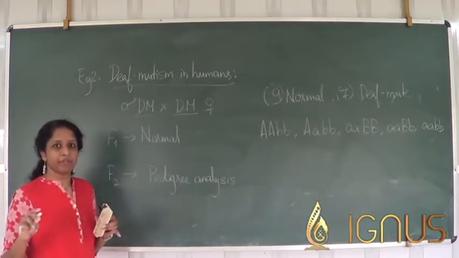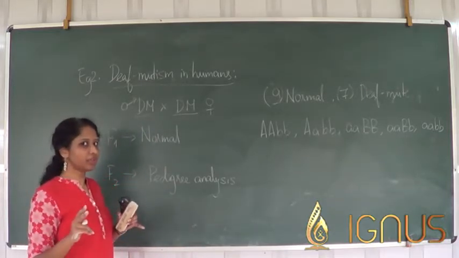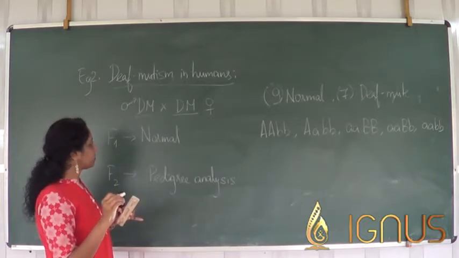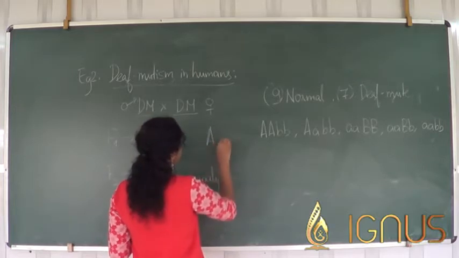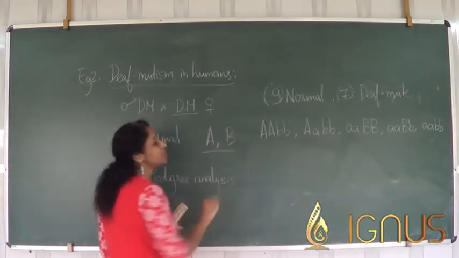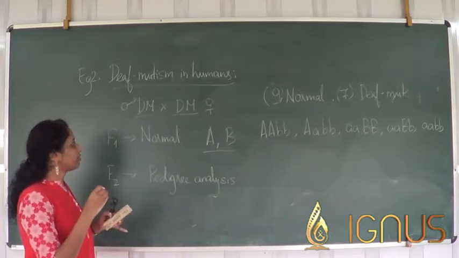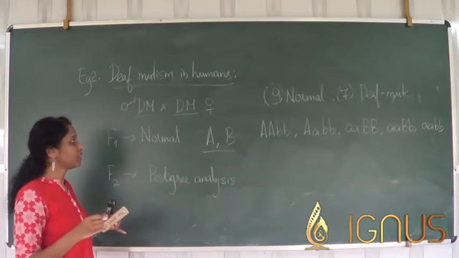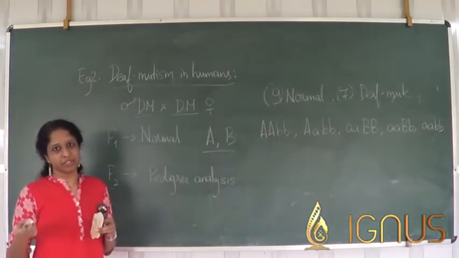So let's, for example, think that the two genes which need to interact with each other to give normalcy are A and B. So randomly thinking that A and B are the genes which need to interact with each other to be able to have normalcy. So if normalcy is found, then both A and B are in dominant condition.